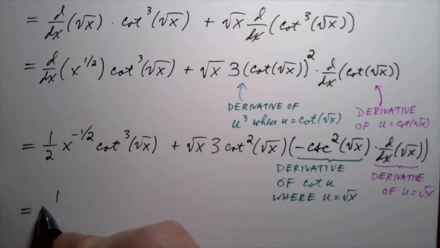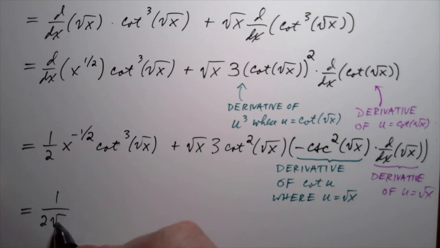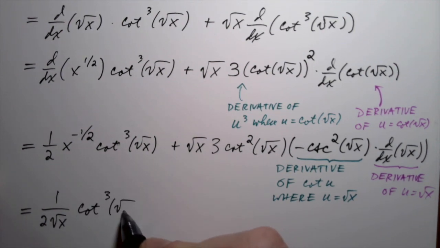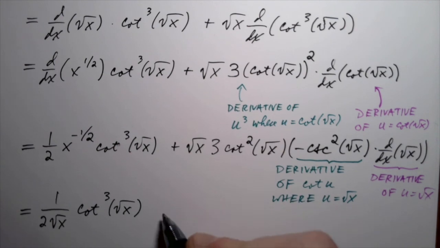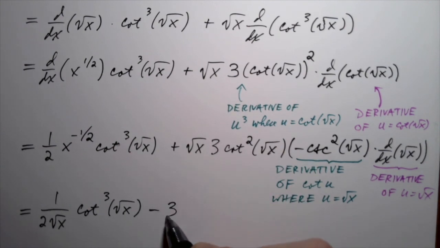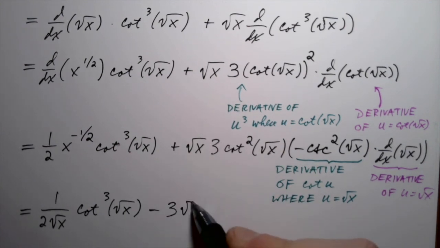Let's simplify a bit. Out front we'll have 1 over 2 square root of x times cotangent cubed of the square root of x. Now let's move this minus sign out front, and let's move that 3. I like to put the constants out front. So the minus sign and the 3 come out.